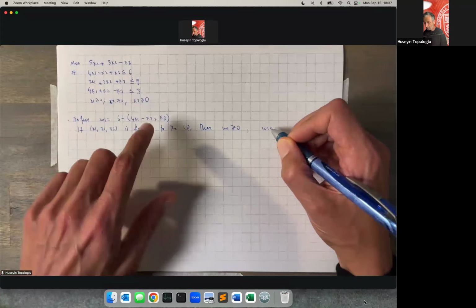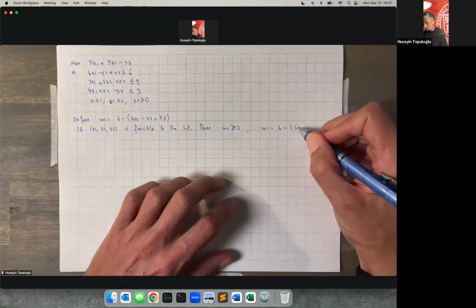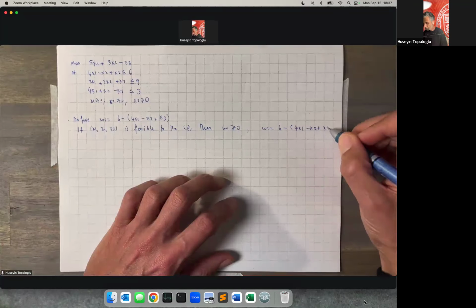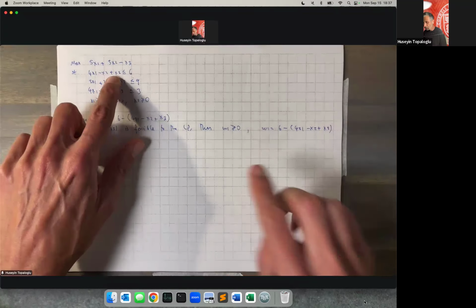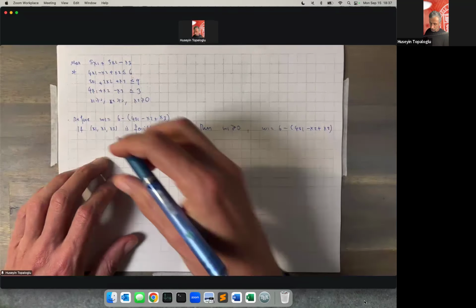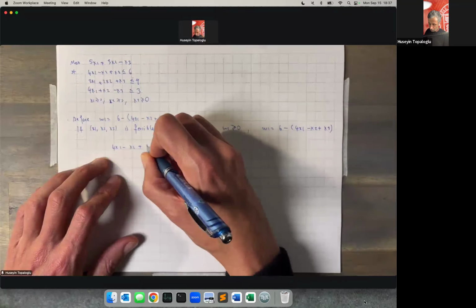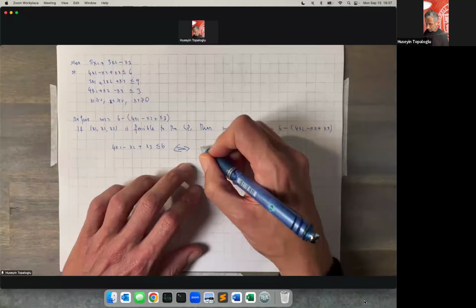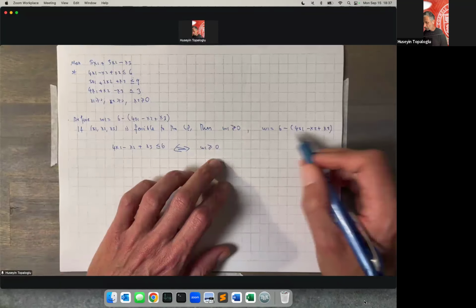And W1 is defined as the amount by which the right-hand side of the first constraint exceeds the left-hand side. That means we can express the first inequality constraint equivalently as W1 is non-negative and W1 is defined like this.